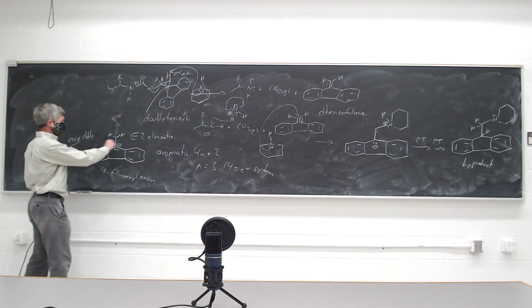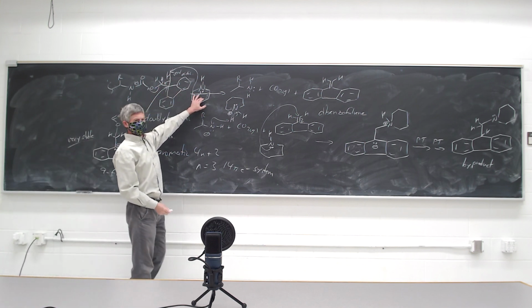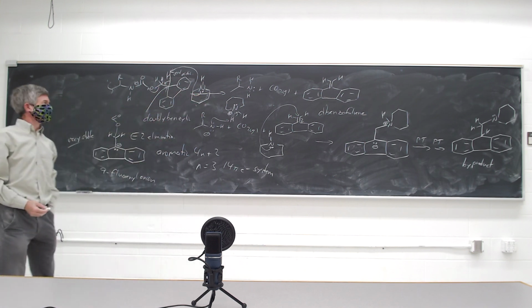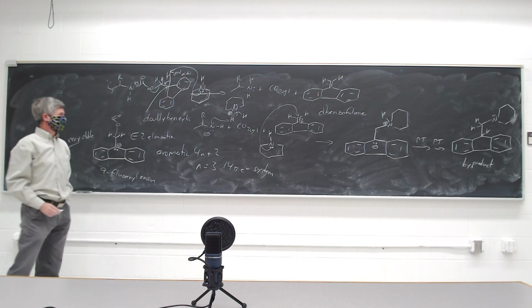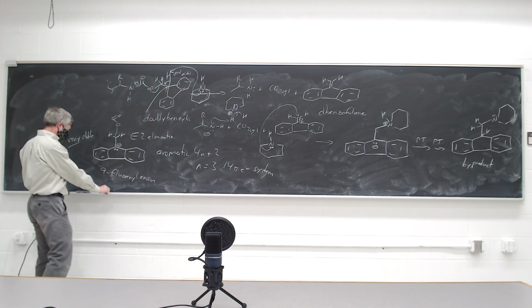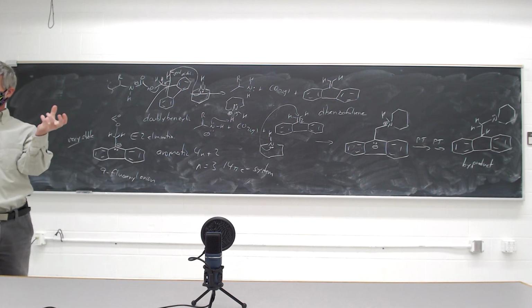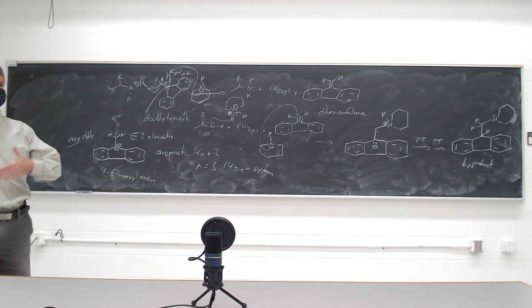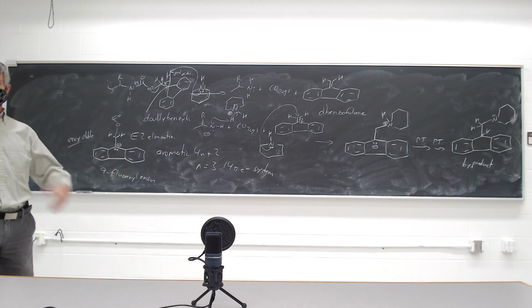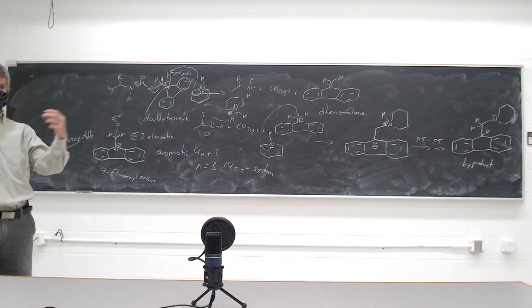So that 14 pi electron aromatic anion is so stable that it makes this hydrogen acidic enough to be removed by a relatively mild base. Piperidine is not normally a base that you would associate with an E2 elimination. It's not that strong, but it's strong enough to take off this super acidic proton. So we can take off the protecting group and generate a free N-terminus attached to a solid phase. And next week, Thursday, we will talk about the rest of it, which is now how do you activate the carboxyl group of another amino acid and get it to react with that N-terminus.